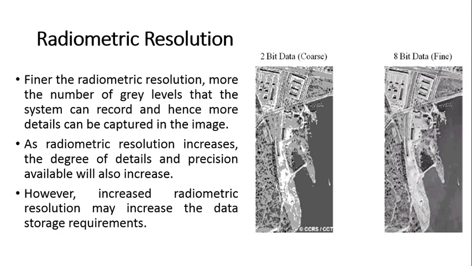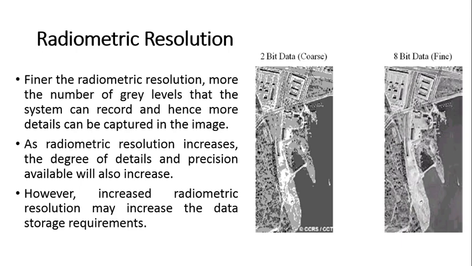One more thing you have to understand is that the finer the radiometric resolution, the more the number of gray levels the system can record, and hence more details can be captured in an image. Here a figure is showing a comparison between a 2-bit image and an 8-bit image. So 2-bit data is called coarser resolution data, and 8-bit data is called finer resolution data.